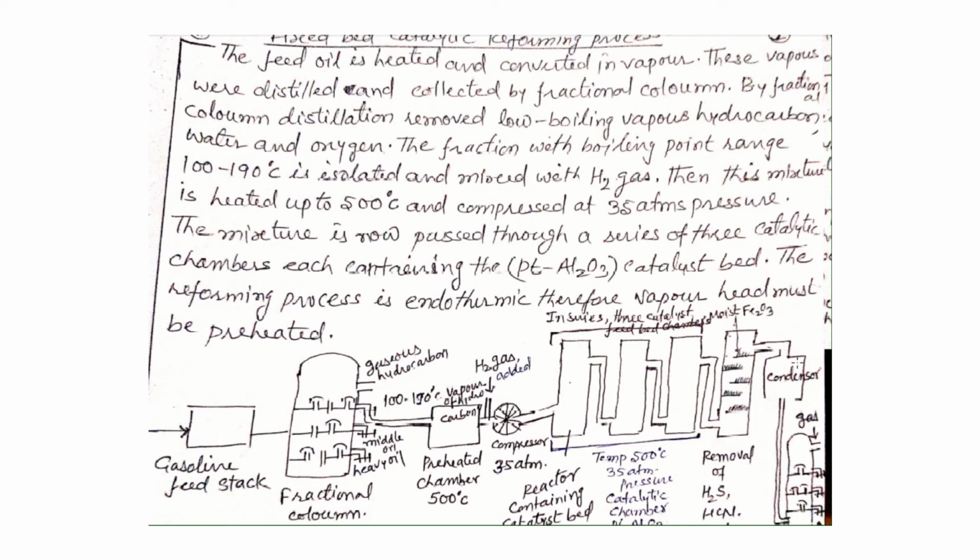From here the lower hydrocarbons and gases are removed, and the vapors coming out go to the condenser, and then with the fractionating column we get all the hydrocarbons according to their boiling points.